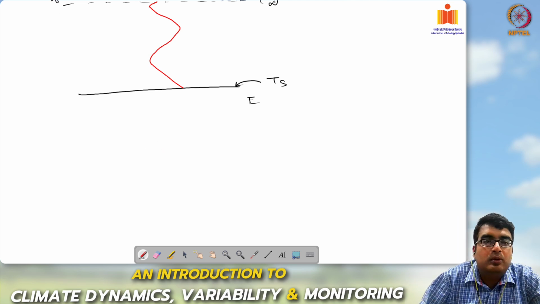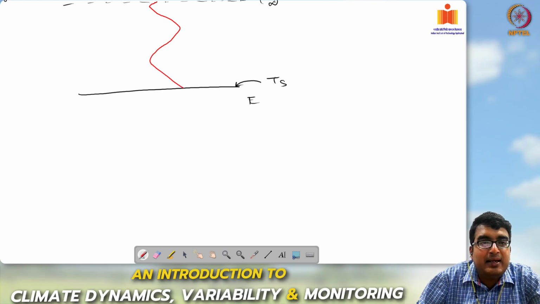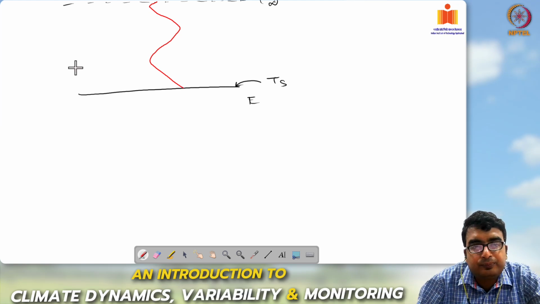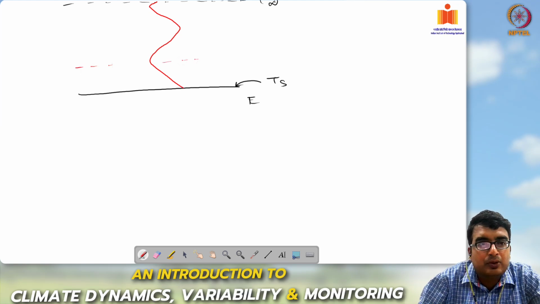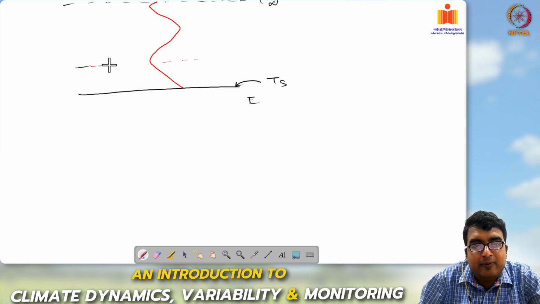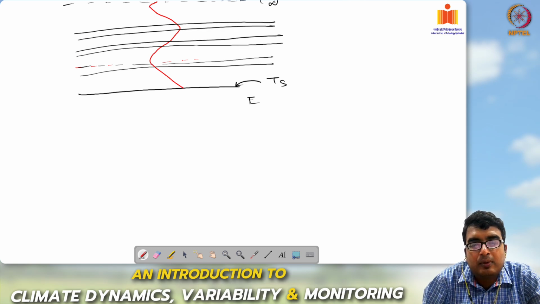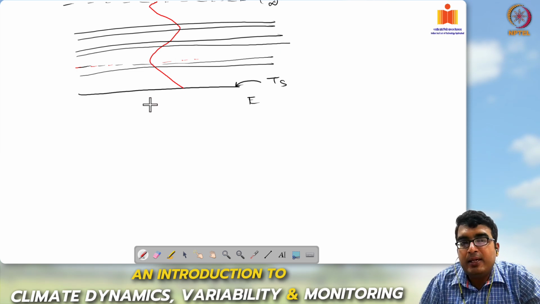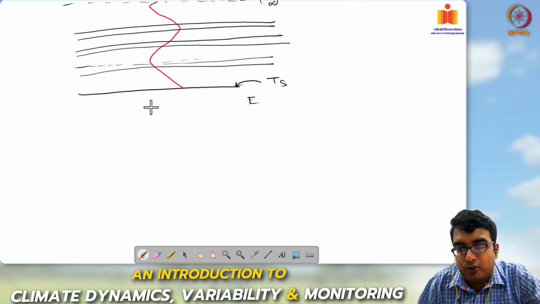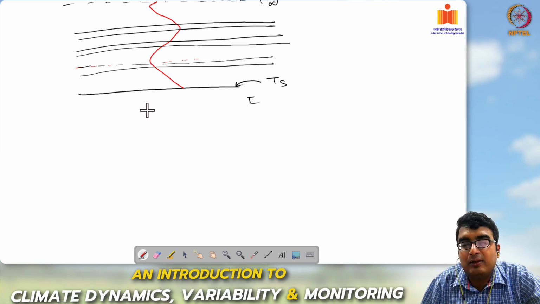We know that the various layers of the atmosphere, say a certain layer here, a certain layer here, or a certain layer in the middle, will be subject to both solar shortwave radiation and terrestrial longwave radiation.